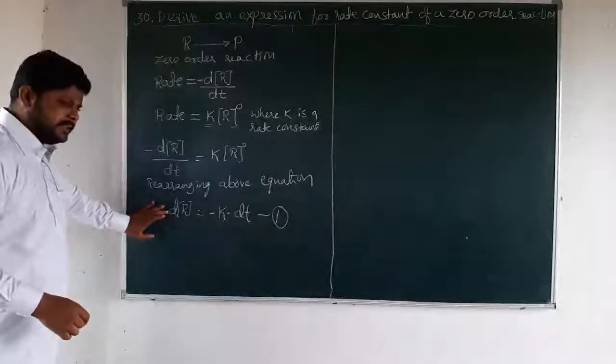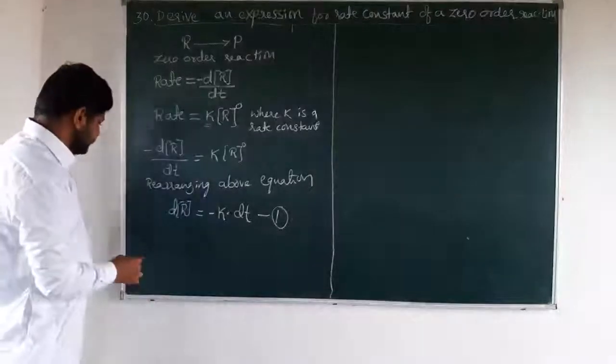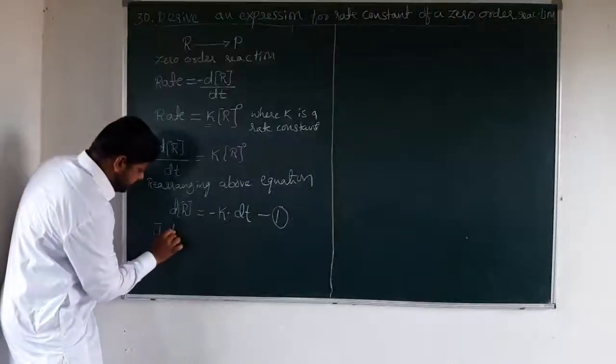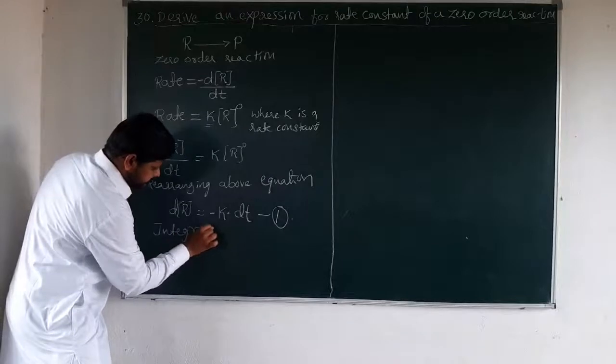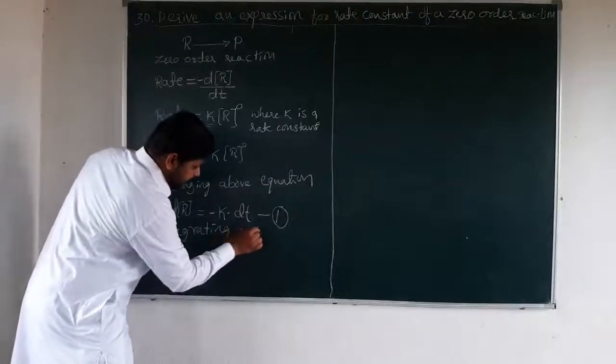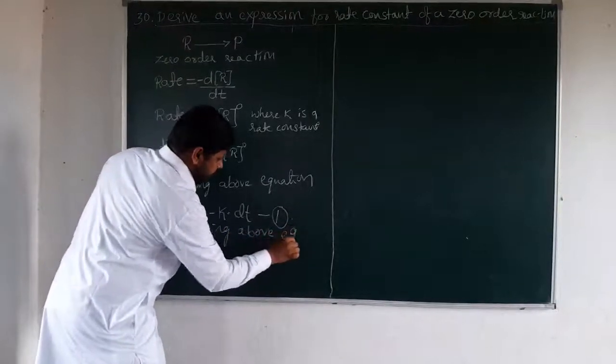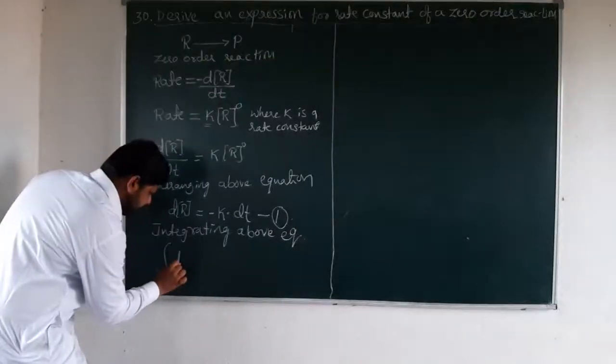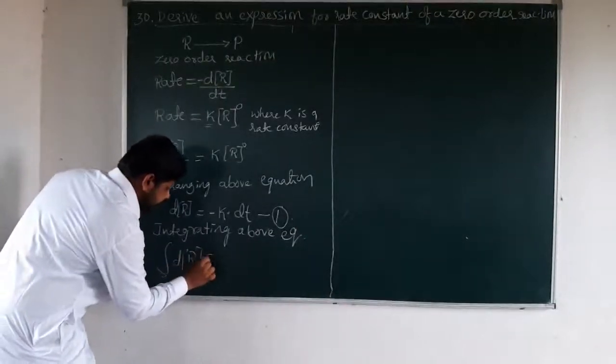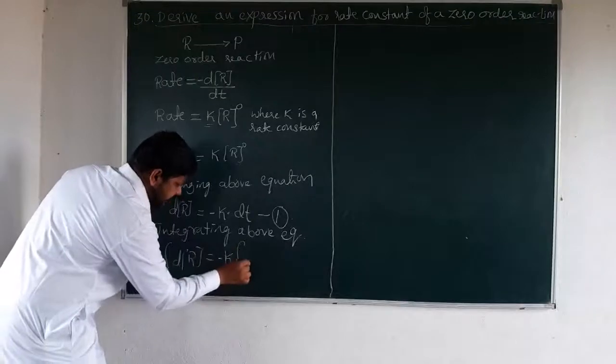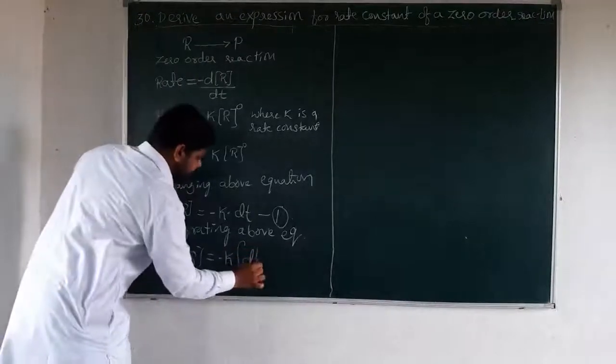Now to this equation we have to apply integration. Integrating the above equation, the integration of d[R] equals minus k, which is a constant, times the integration of dt.